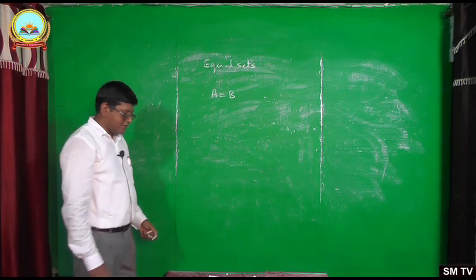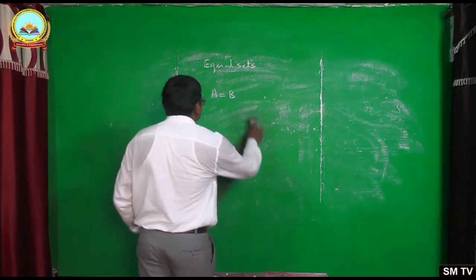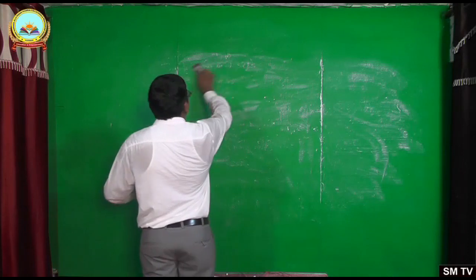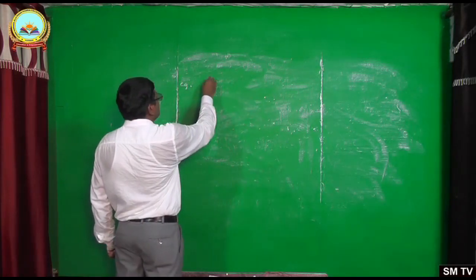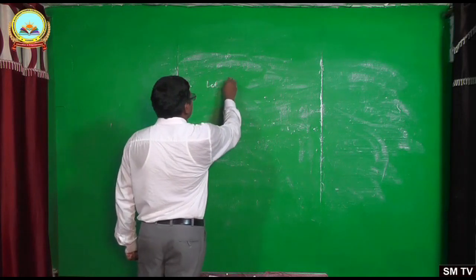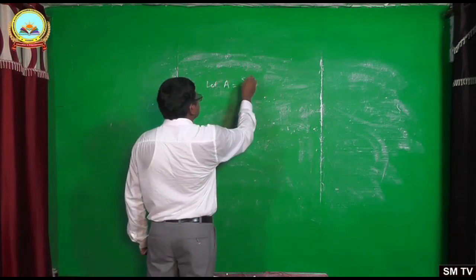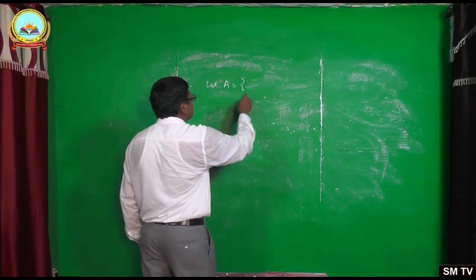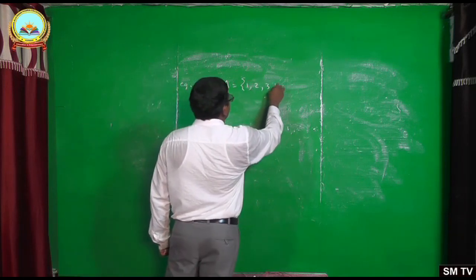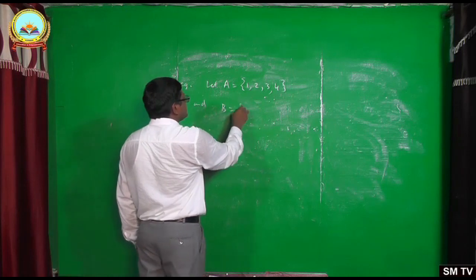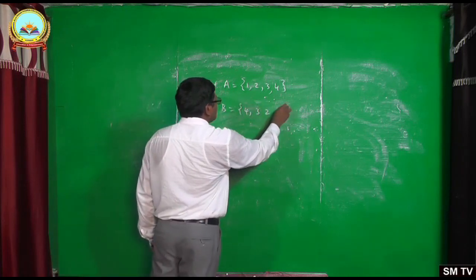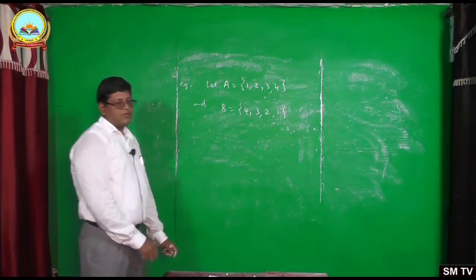For example, let A be equal to the set of elements 1, 2, 3, 4, and B is a set consisting of 4, 3, 2, 1. Are they equal?